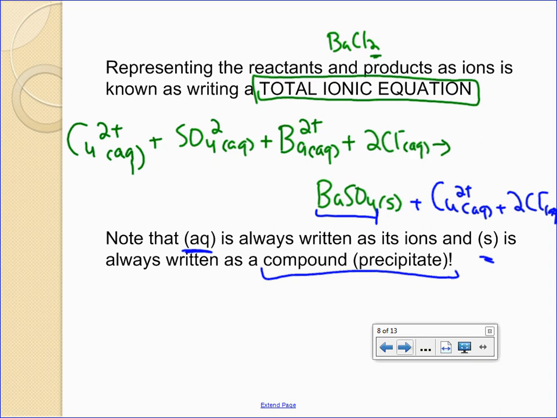So when we write our ionic compounds as ions, this is what's referred to as our total ionic equation. So we've just taken our compounds and broken them up into ions.